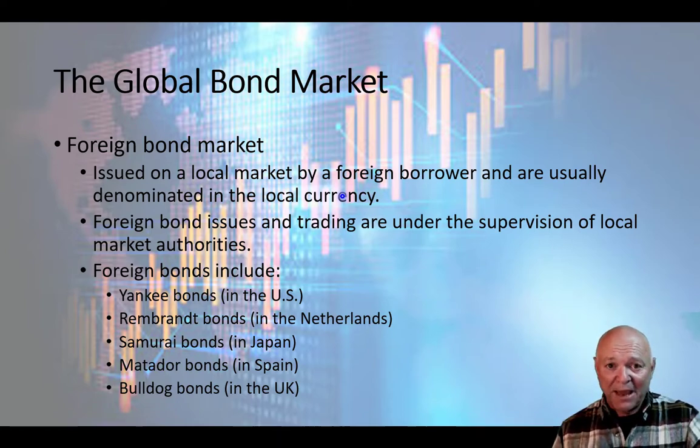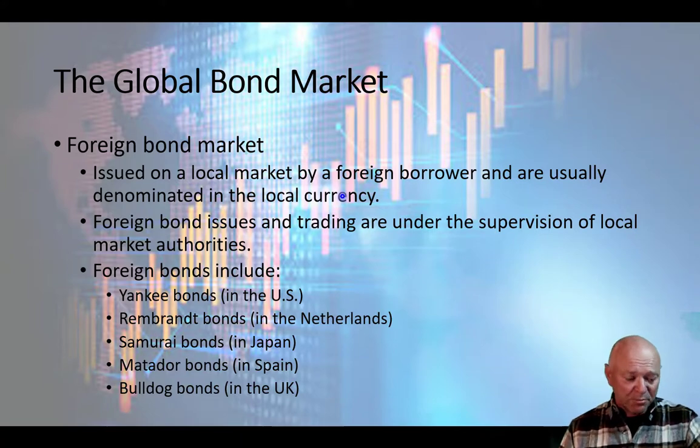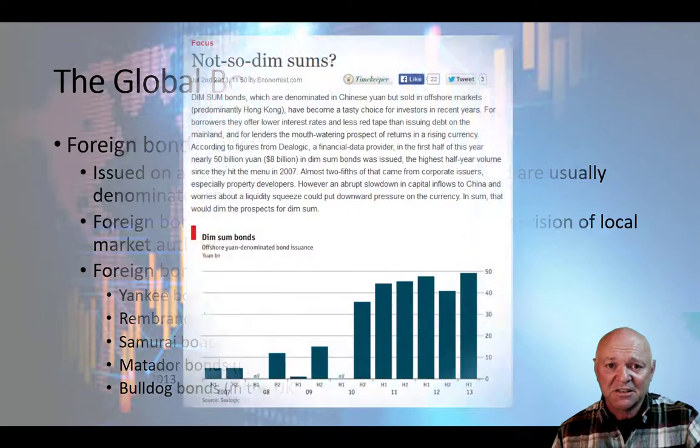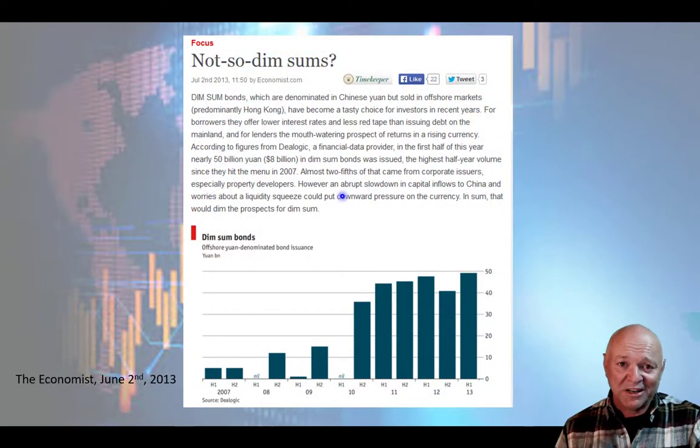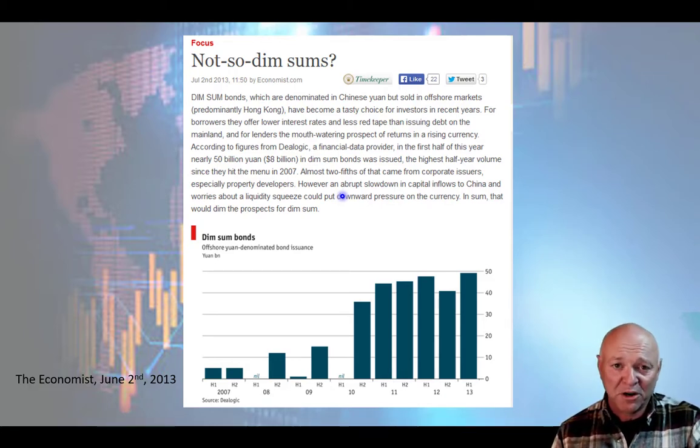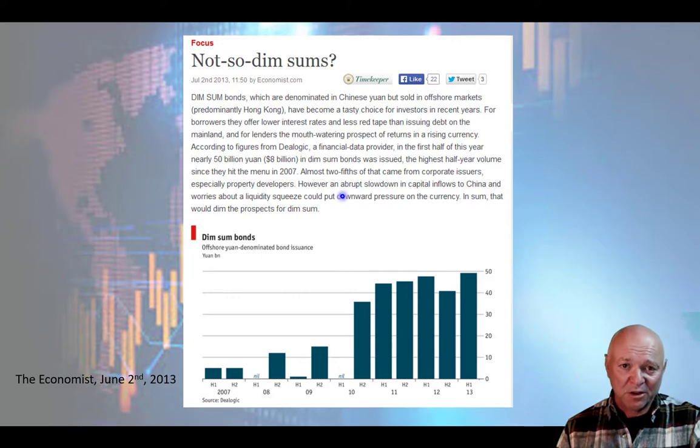Now the panda market was impossible because foreign borrowing was restricted in the early days, and so some of the first borrowing that was denominated in renminbi were called dim sum, and those were actually issued in Hong Kong but denominated in yuan. And so that was the fastest growing bond market until China started to liberalize its overseas borrowing.